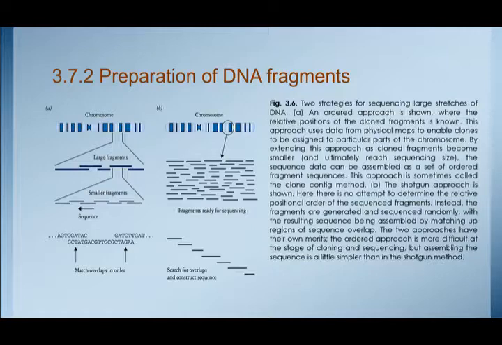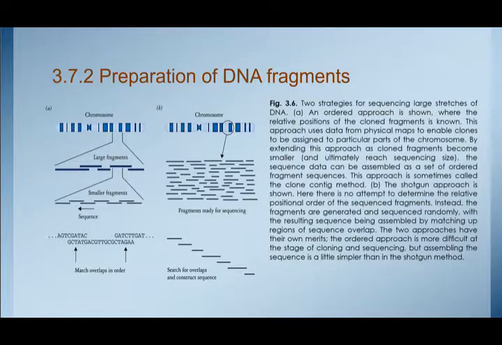The second approach is the so-called shotgun sequencing method, where the fragments are generated and processed at random. Assembly of the sequence is then carried out by searching for sequence overlaps using a computer. In Figure 3.6, part A, an ordered approach is shown, where the relative positions of the clone fragments are known.